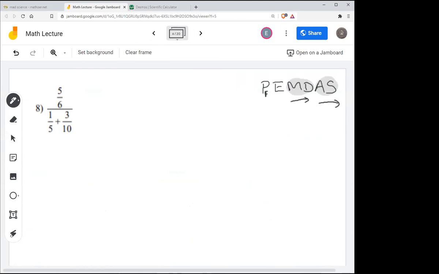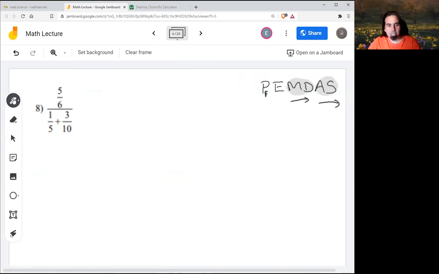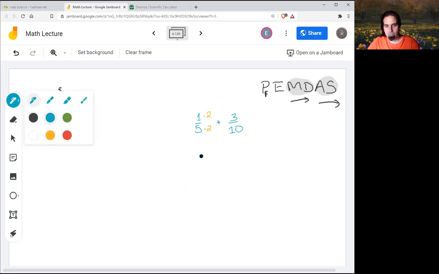I started with getting a common denominator for the 5 and 10. Okay, so the bottom part was 1/5 plus 3/10. And what common denominator did you get? 10. So that's a times 2. If we do it on the bottom, we'll also do it on the top. The 10 is already a 10.